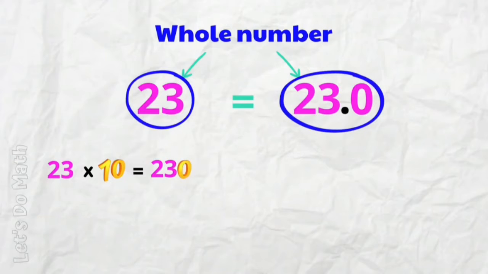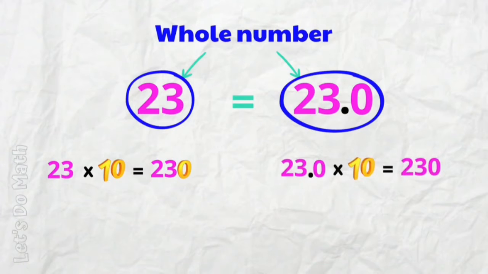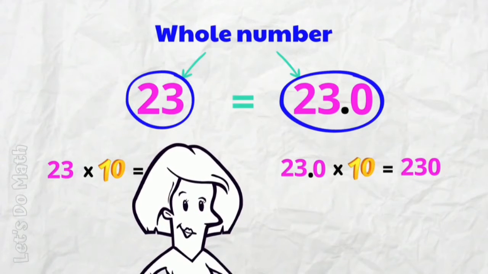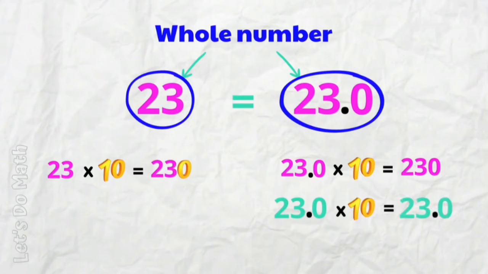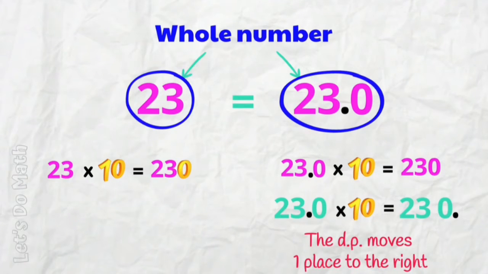The answer is 230. How did we arrive at this answer? When you multiply a decimal by a multiple of 10, you shift the decimal point by one place. You move the decimal point to the right by one place in multiplication, because we have only one 0, and so the answer becomes 230.